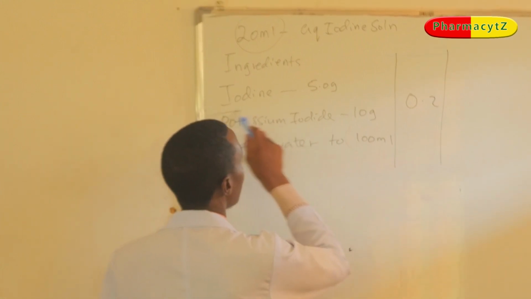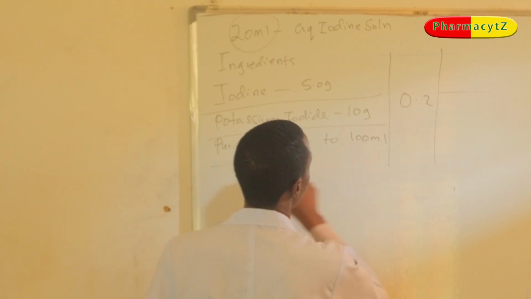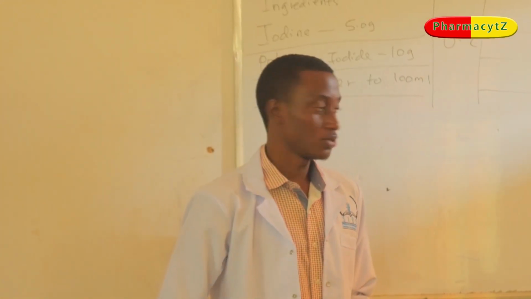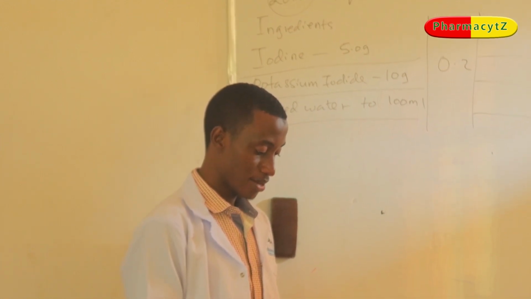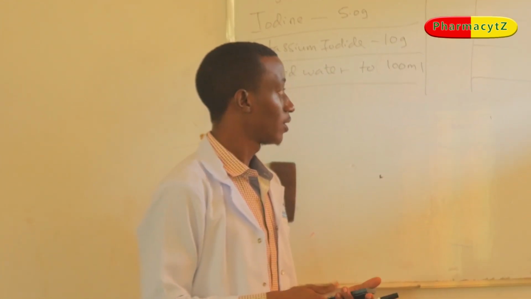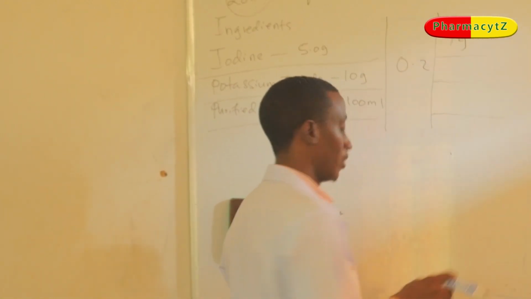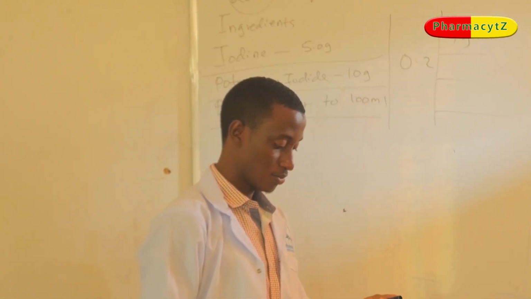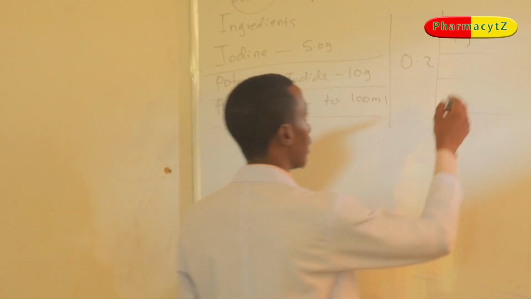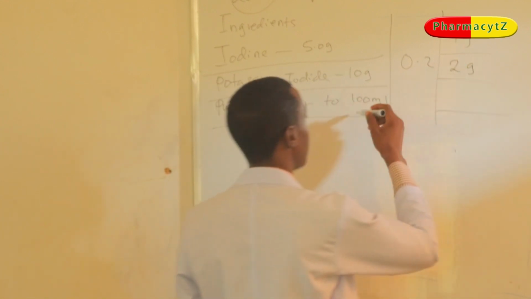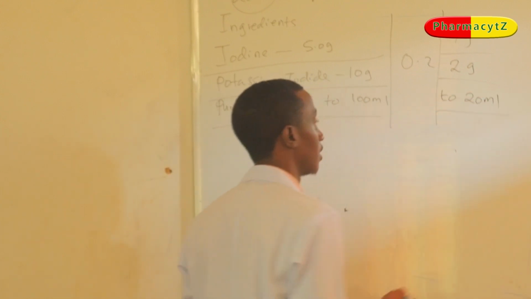We multiply 0.2 times the amount of each ingredient. Using your scientific calculator, when you take 5 grams times 0.2, you get 1 gram. And when we multiply 10 times 0.2, you get 2 grams. And this is for 20 ml.